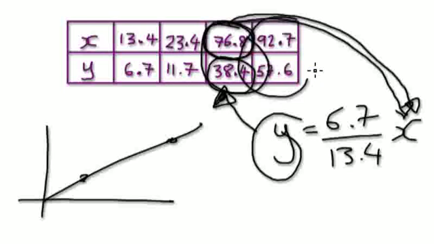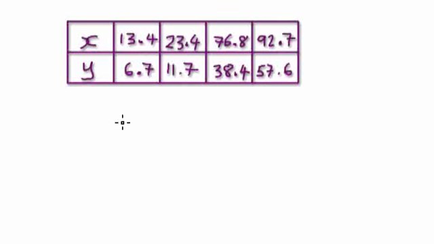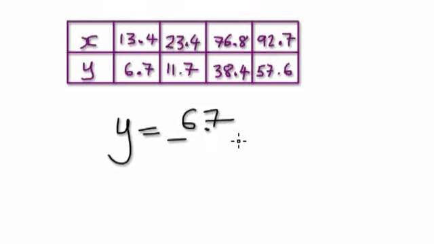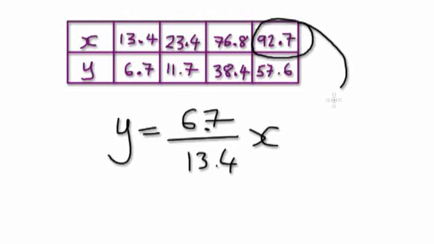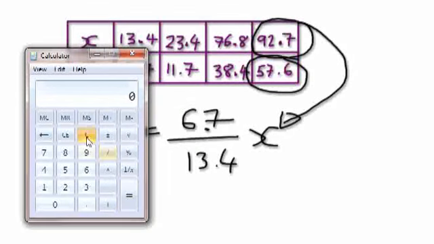Now let's check this point here. Hang on, let me clear this. Remember, our equation is 6.7 over 13.4 x. Now put this into the x, and then let's see if y truly equals this. Our x value is 92.7.